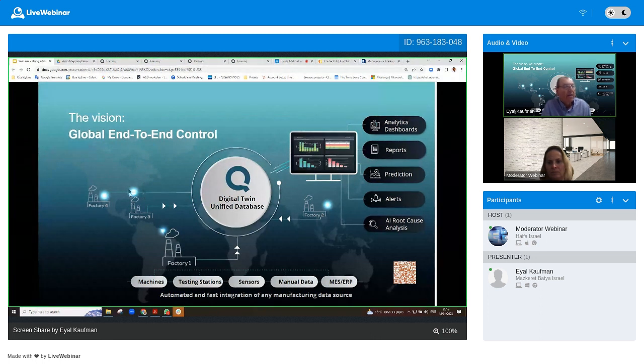This structure can be accumulated in each of our factories, including from our contract manufacturers. Okay, and now imagine that all of this data, it doesn't matter what the format is, will be continuously collected in real time, and we will reorganize it in this digital twin database with a unified format, and then smart algorithms can analyze it and bring significant insight from this unified data.